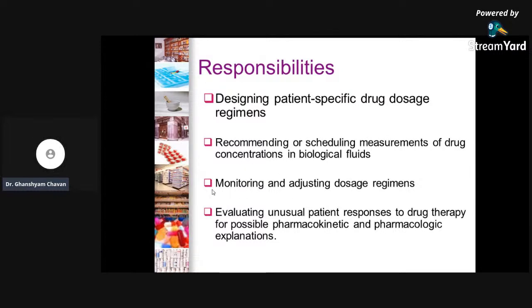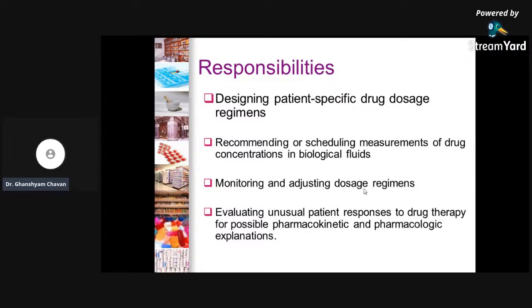Next point is monitoring and adjusting the dosage regimen. That is also very important. According to the concentration of the drug that reaches our blood circulation, if more drug is already available in your blood, accordingly we can modify the dosage.